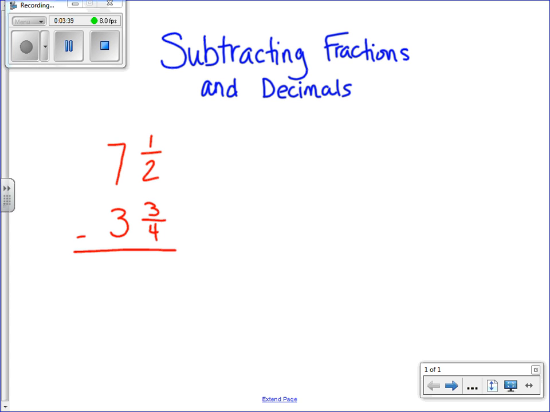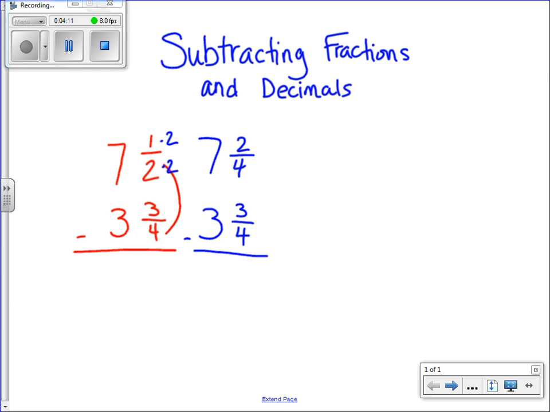Okay, so the first thing I see is this is not a common denominator, so I have to think 2 and 4. I know that the LCM would be 4. I know both of these denominators will be 4 because both go into it evenly. On the top, how do I get from 2 to 4? I multiply by 2. Whatever I do to the bottom, I do to the top. On the bottom, I don't need to do anything because it was already a 4, so I'm just going to bring that 3 over. But then I need to bring over my whole numbers and just rewrite it.